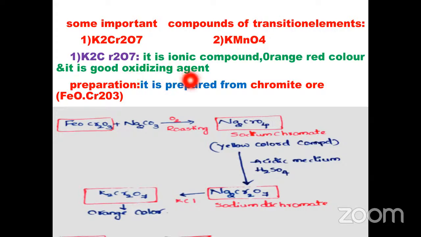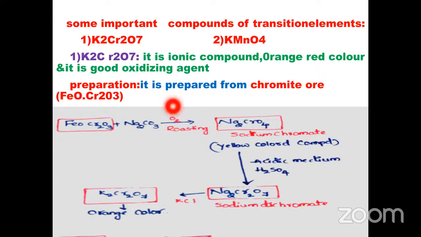Then how to prepare K2Cr2O7? It is prepared from chromite ore. Chromite ore is nothing but FeOCr2O3. This chromite ore is reacted with Na2CO3 in the presence of oxygen, which is heated. It is nothing but roasting.